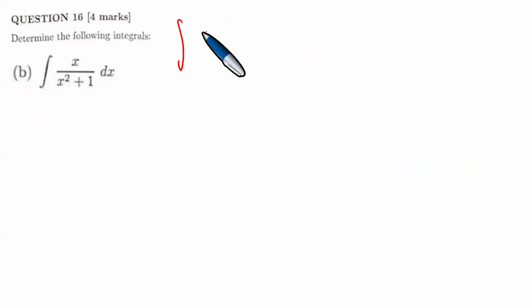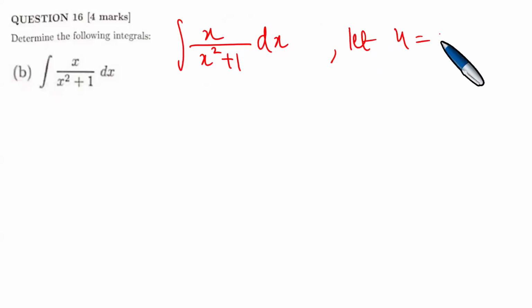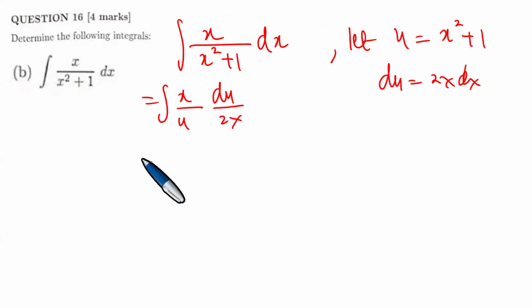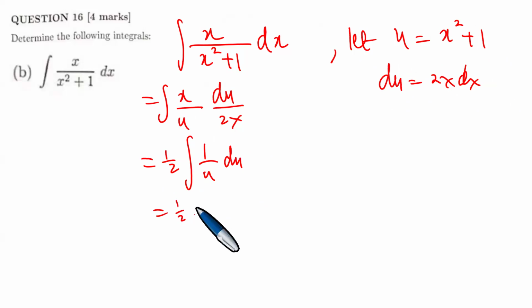So if we have the integral of x divided by x squared plus 1 dx, we can also let u be x squared plus 1, and then du is 2x dx, which is x divided by u. The dx is du divided by 2x. So we get 1 over u du, which is ln u plus c.